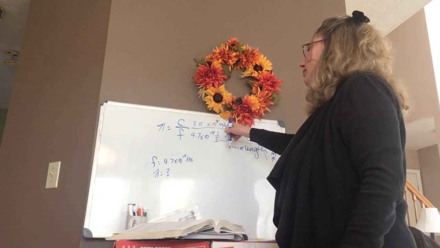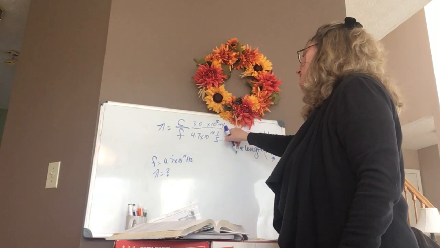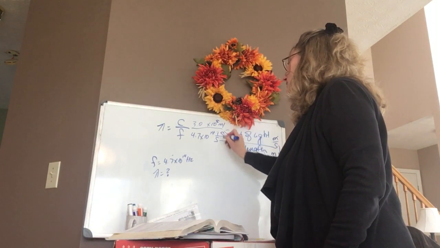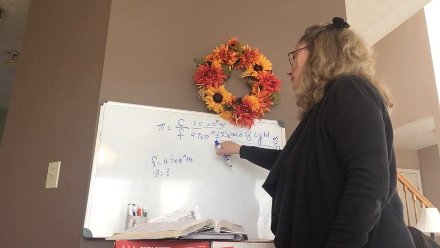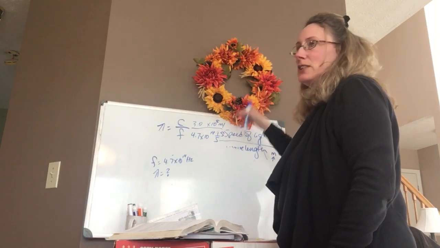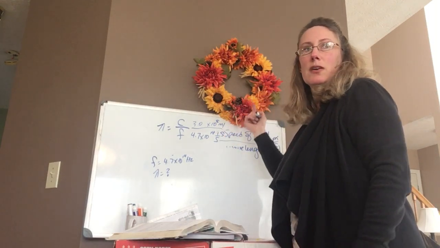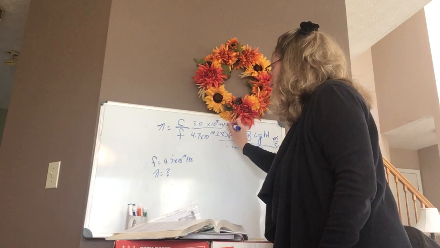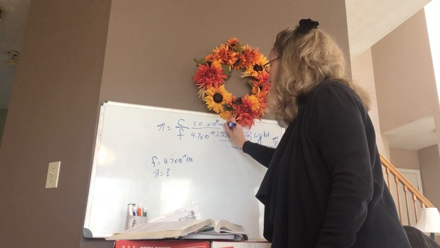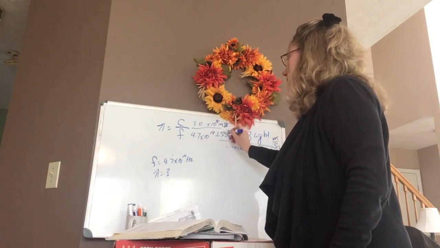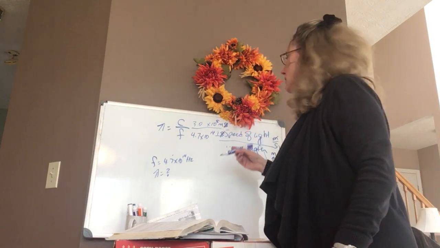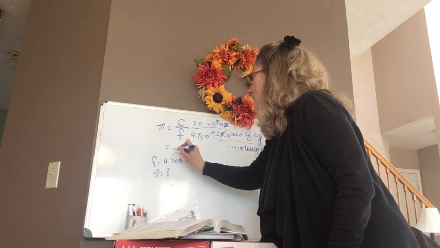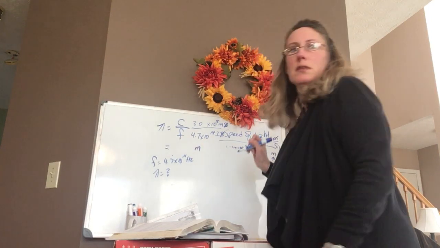When I have a fraction on the top, that makes this second come down here. And when I have a fraction on the bottom, when dividing fractions, don't ask why, you flip it and multiply. So this S ends up here, and that S cancels that S out, and I get my wavelength in meters.